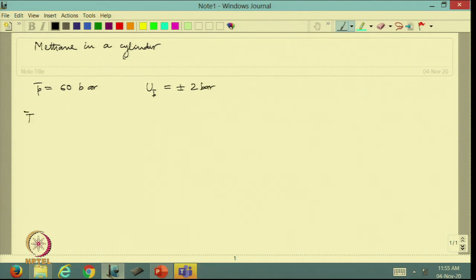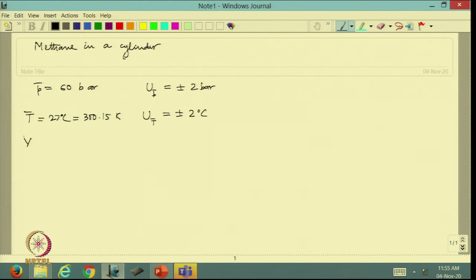Then we are given that T bar, the temperature, is 27 degrees Celsius, which is 300.15 Kelvin, and U T bar is equal to 2 degrees Celsius.